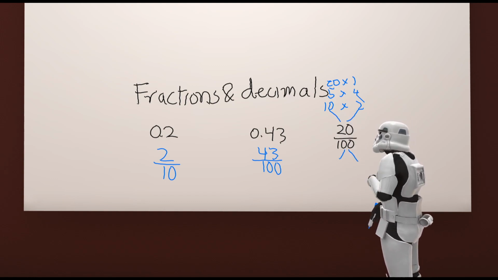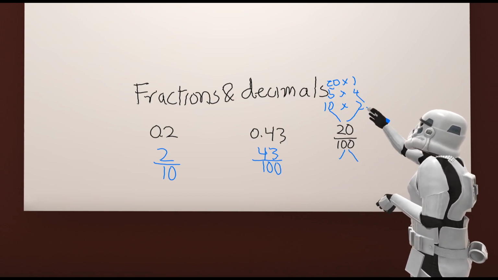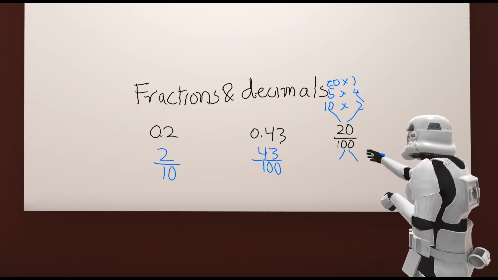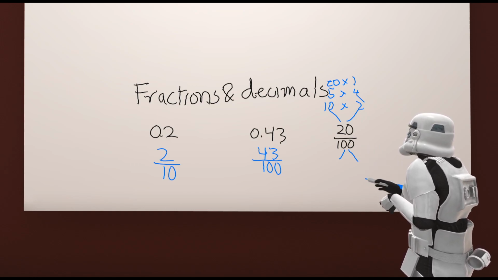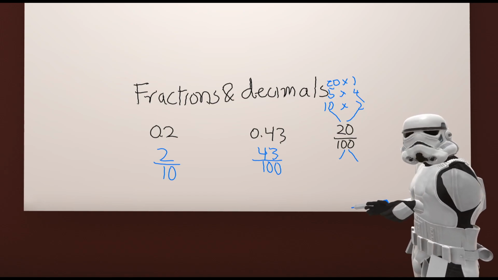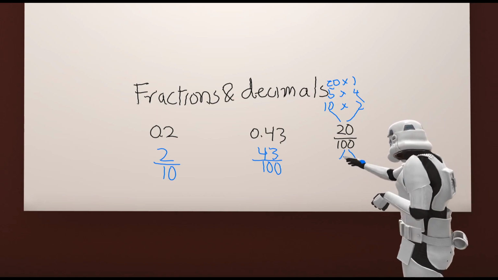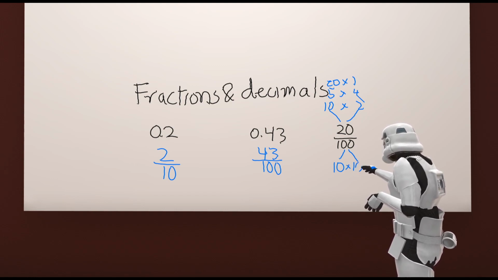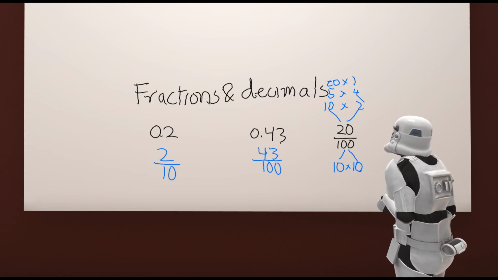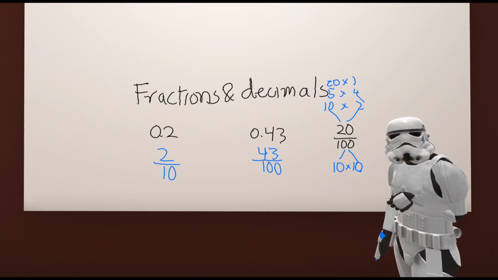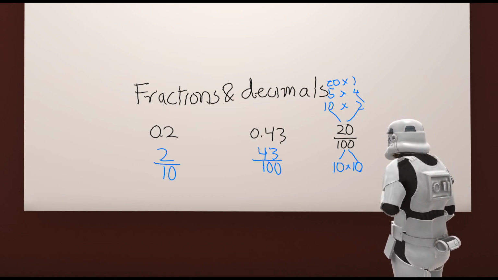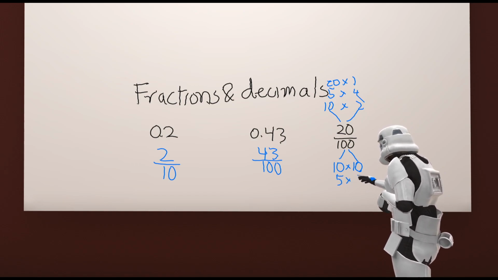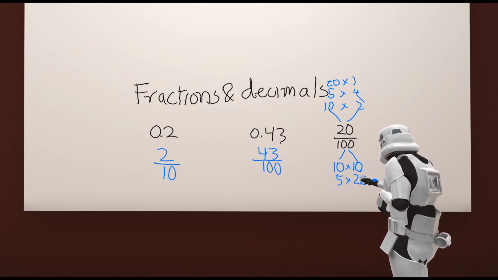So these are some factor pairs of our 20. So 100. Now, we can use some of these numbers up here to make some factor pairs of our 100. So 10 definitely goes into 100, because that would be 10 times 10. 5 goes into 100, because 5 times 20.